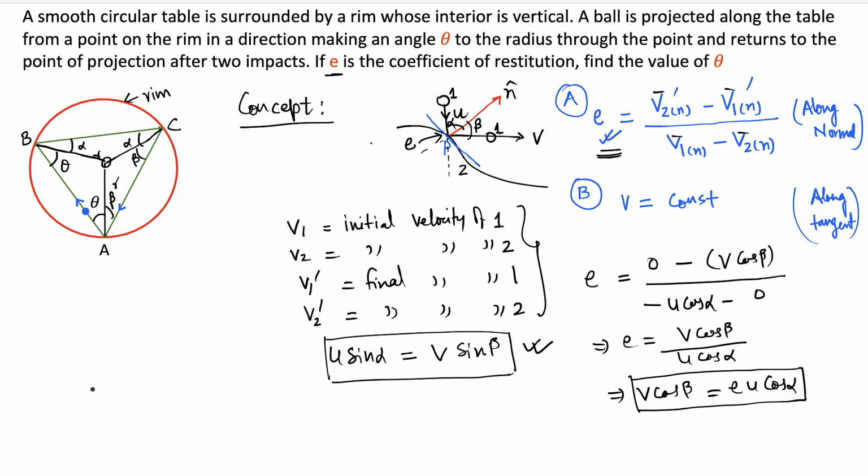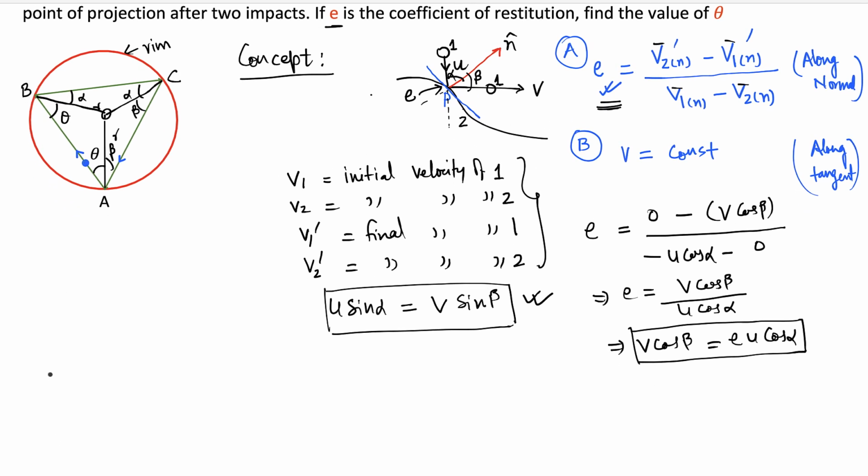So what do we see here? We see that alpha plus theta plus alpha plus beta plus beta plus theta equals pi, the sum of all the angles.